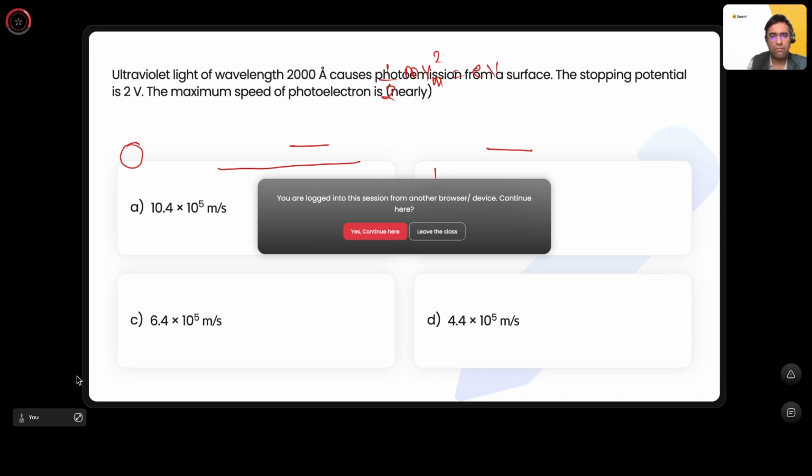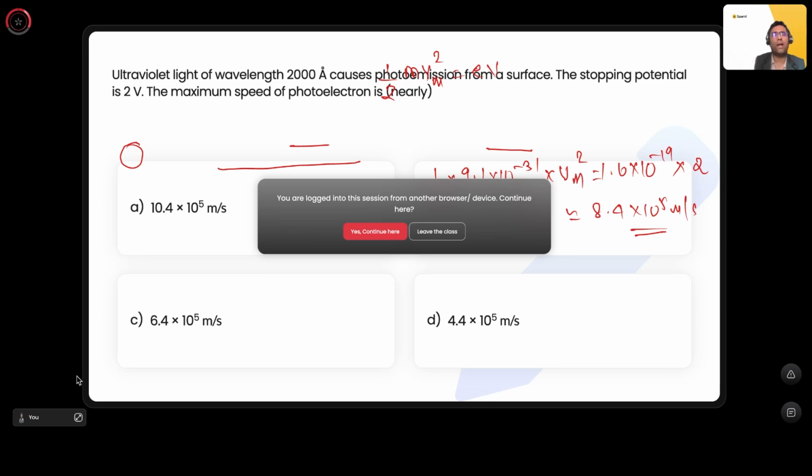So it will become half of m, 9.1 into 10 to the power minus 31 into Vm square is equal to 1.6 into 10 to the power minus 19 into 2. All right. And if we solve these things, I'll approximately get Vm will be equal to 8.4 into 10 to the power 5 meter per second.